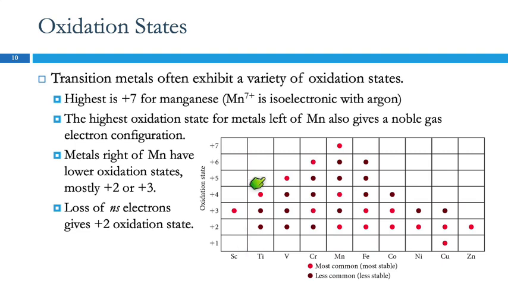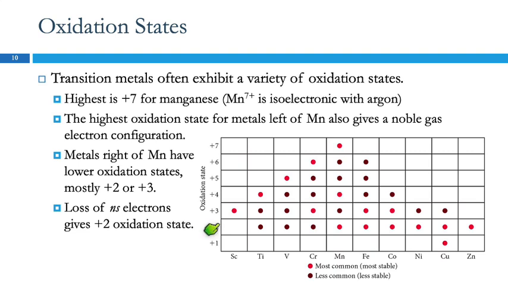The rest of these guys can form several different oxidation states, several different charges. Manganese is like the superstar here. It can be +2, 3, 4, 5, 6, or even +7. It's huge, big charge.